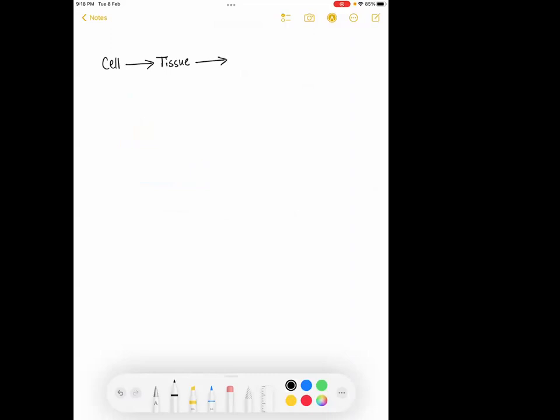And many tissues make up organs, and then many organs make up organ systems, and finally we get our multicellular organism. That's it.